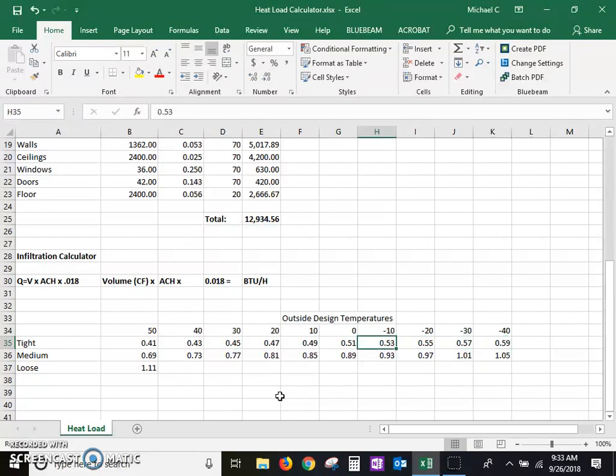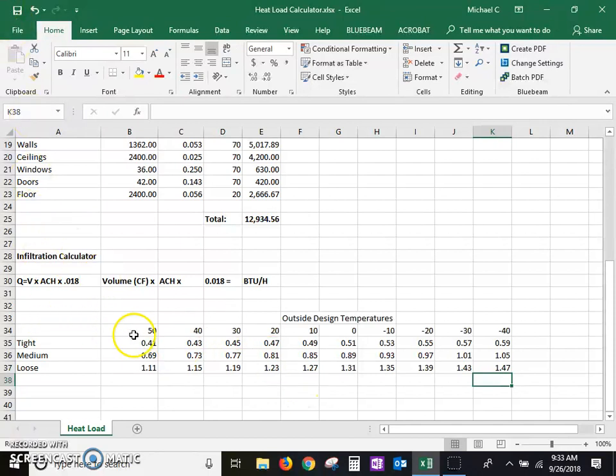I was just trying to get these to go up by a progressive amount. 1.10, 1.19. So you'll end up with a chart like this.